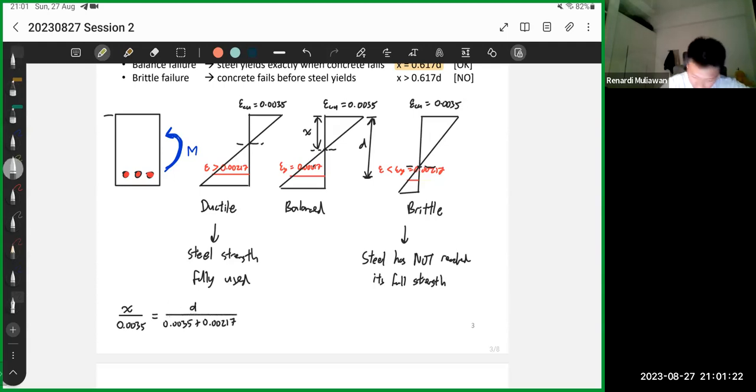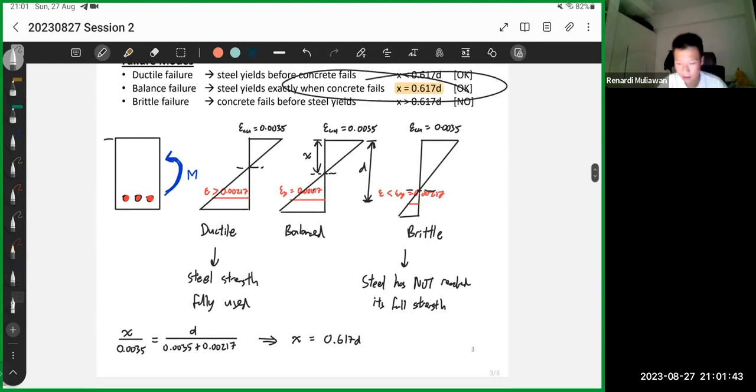Again, the triangles are these two. You can take up your calculator, but I'm pretty sure x equals 0.617d. So that's why it's called the balance failure.